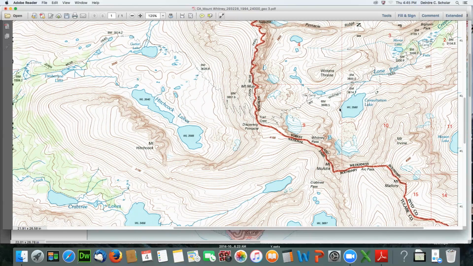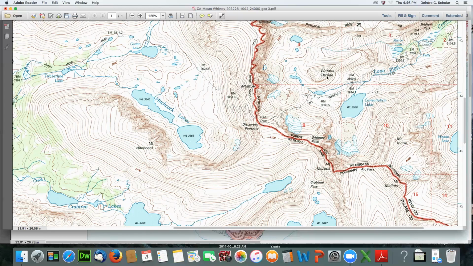So this index contour line, we can assume, based on those benchmark values, has an elevation of 3,600 meters. Then, if we're going to Wotan's Throne, we're going uphill, which the rule of V's tells us is an uphill direction. So this index contour would have a value of 3,700 meters.